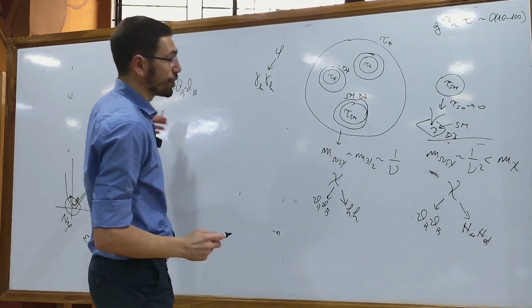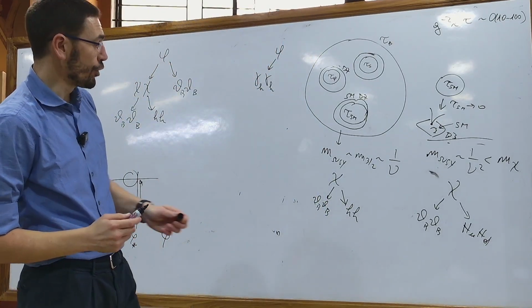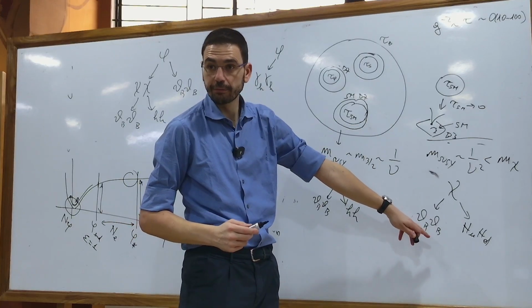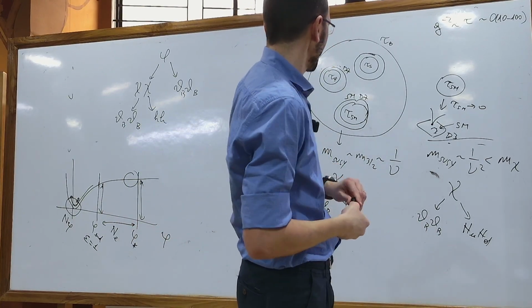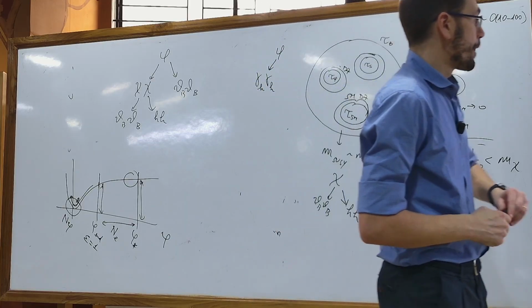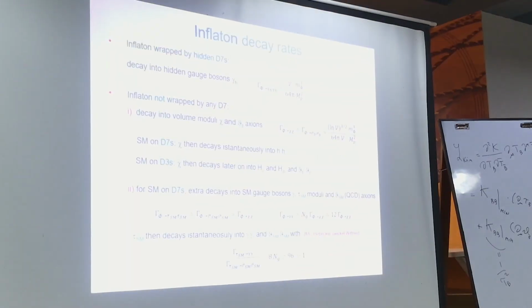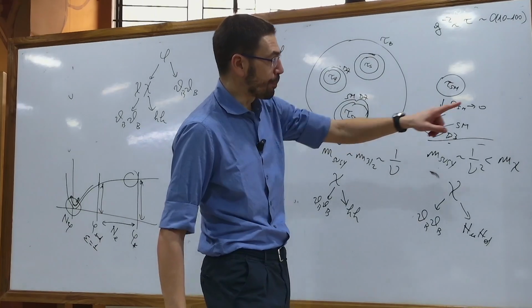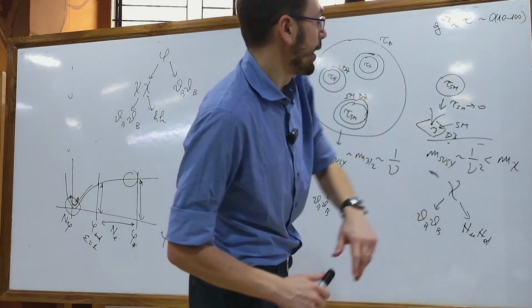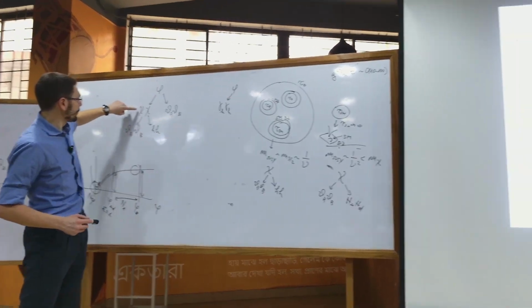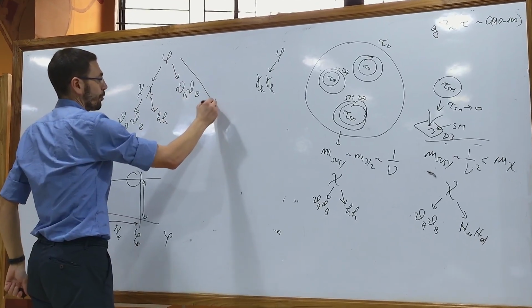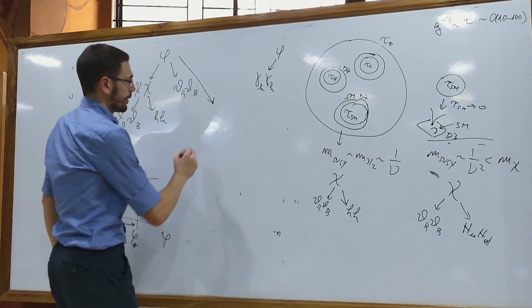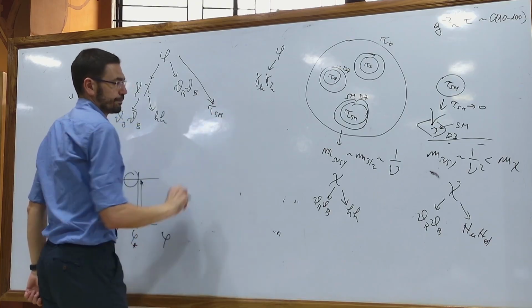But if the standard model is on the 3 branes, you have instead this other decay channel. On top of that, the last possibility: if the standard model is on the 7 branes, there is also the possibility that phi, on top of decaying into chi and theta b, decays also into this guy, tau standard model.